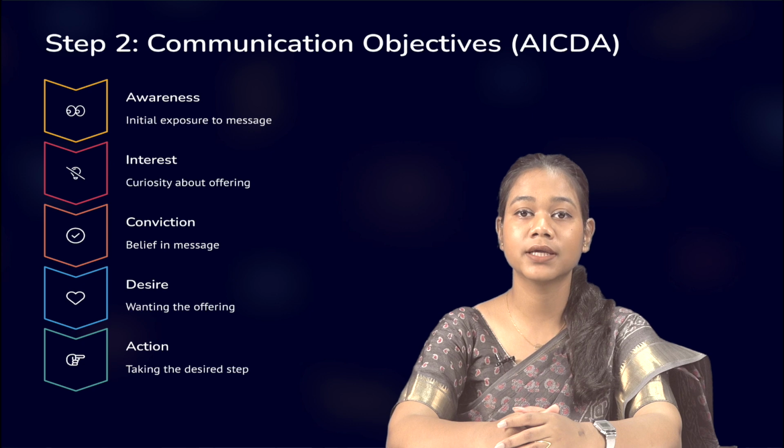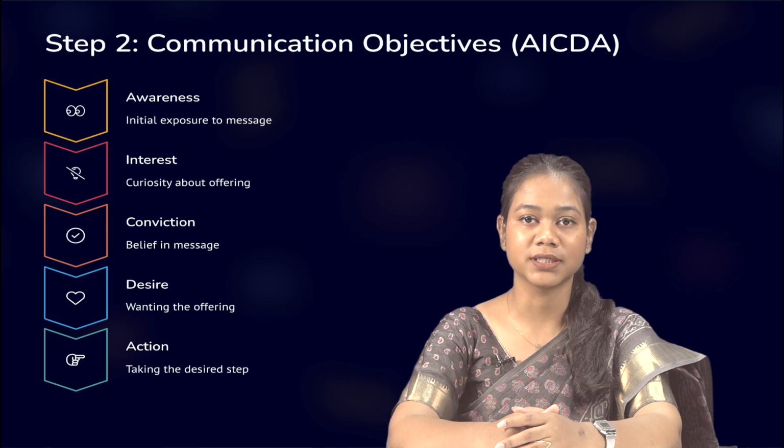Once the target audience and its characteristics are clearly defined, the second step is determining communication objectives. Here, the marketer or communicator must decide precisely what response they intend to evoke from the audience.